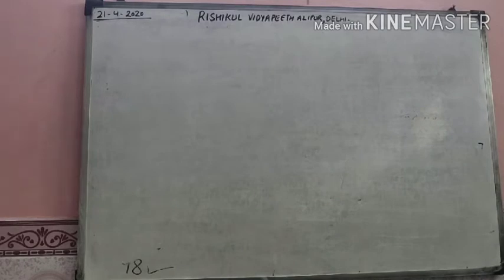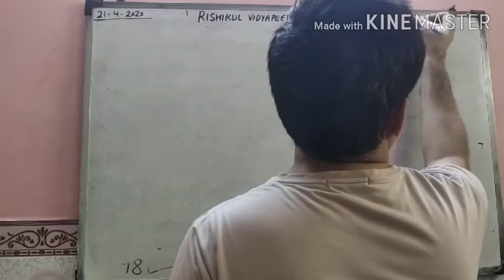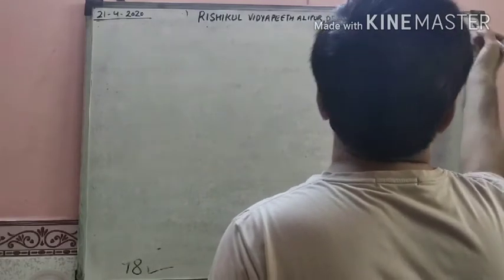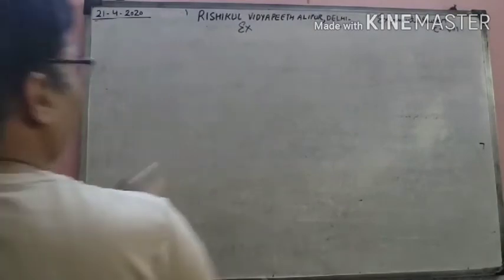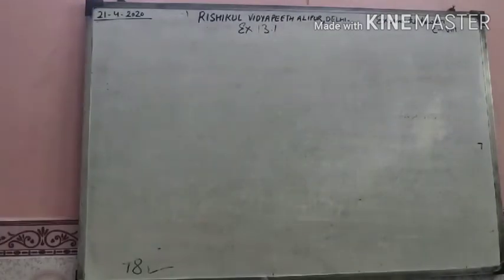In today's class, we are going to explain the concept of exponent and power, that is class 8th. We have already discussed question number 1 and 2. Today we are going to explain question number 3 of exercise 12.1.